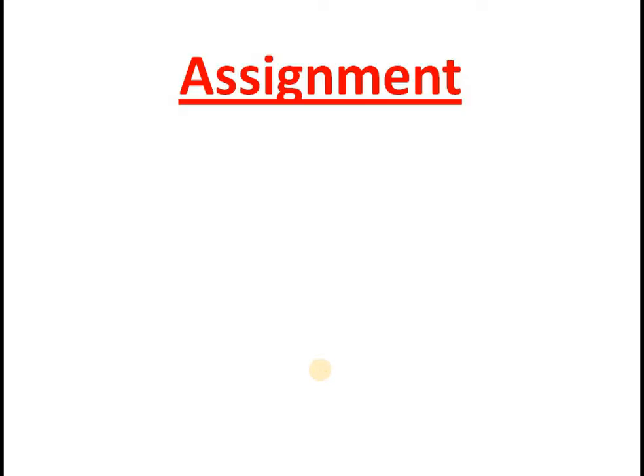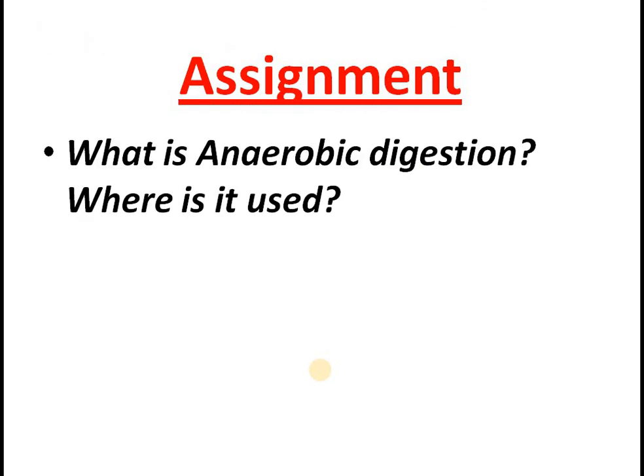So now here is the assignment for this module. It is like this. What is anaerobic digestion and where is it used? We have already described it well. Okay, what is meant by anaerobic, what is anaerobic bacteria, and what sort of reaction is called anaerobic digestion.